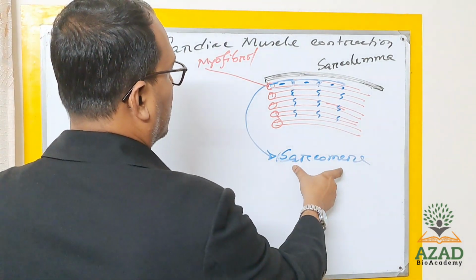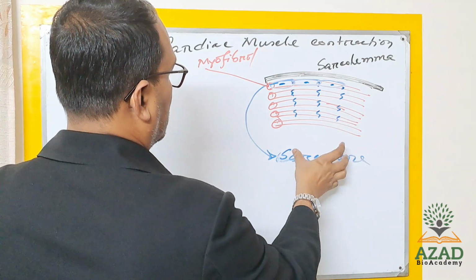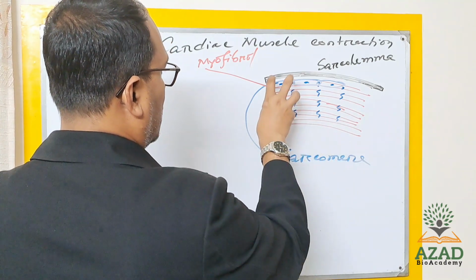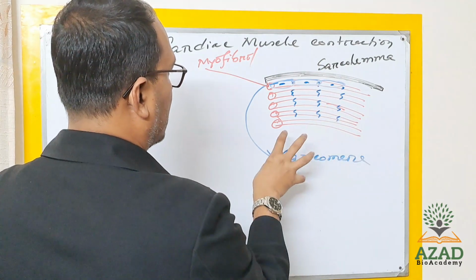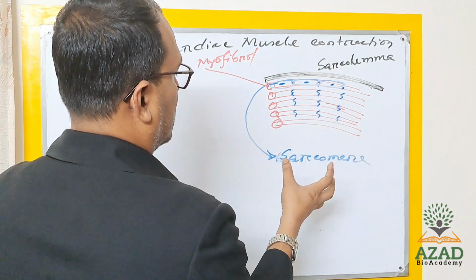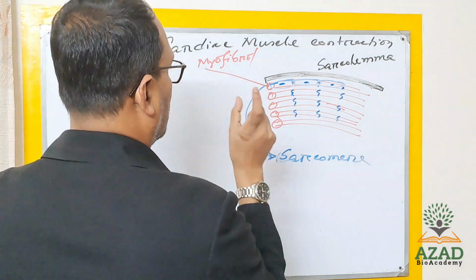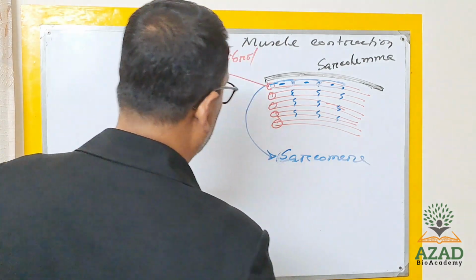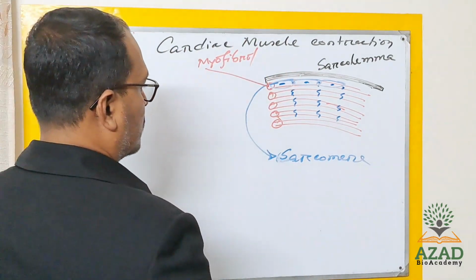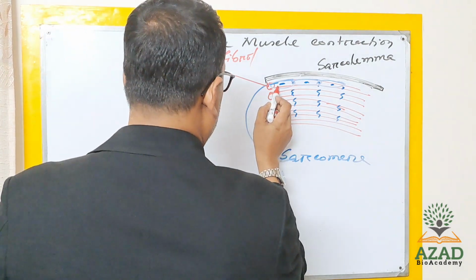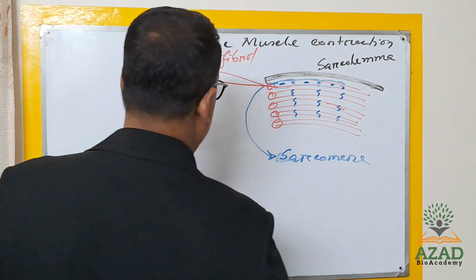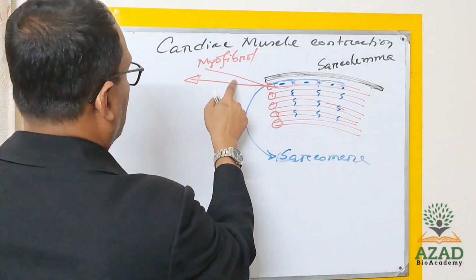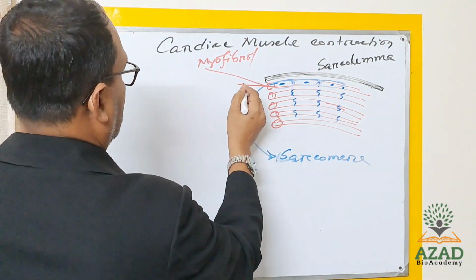The sarcomere is one of the major parts of the cardiac cell that makes contraction and relaxation. So what will be within the sarcomere? If you elaborate it, it will be easy to understand.